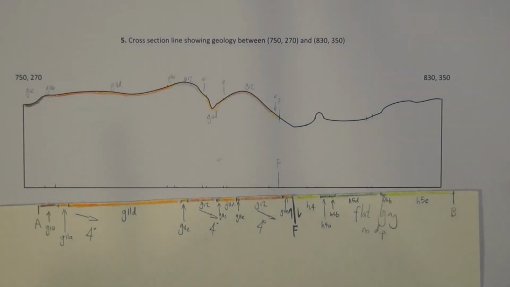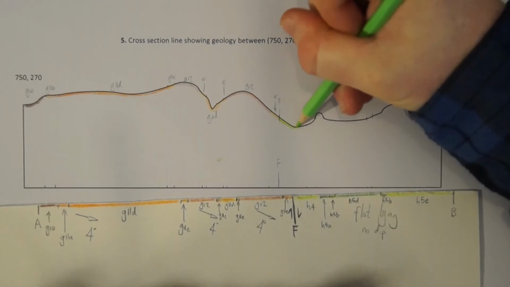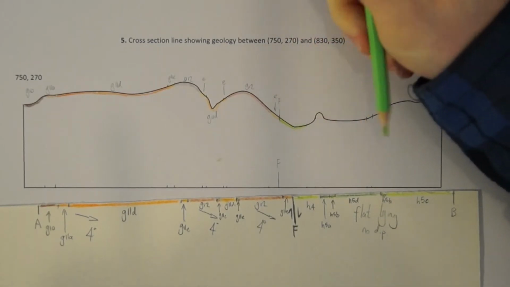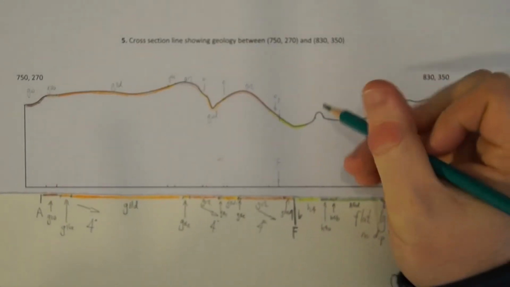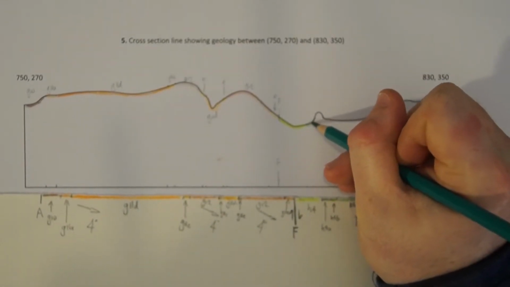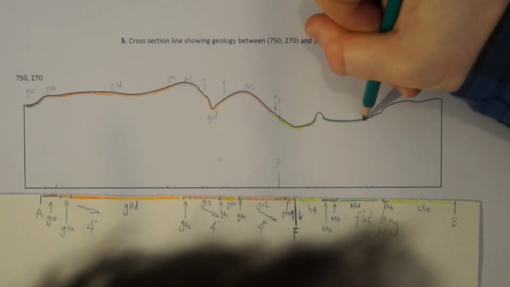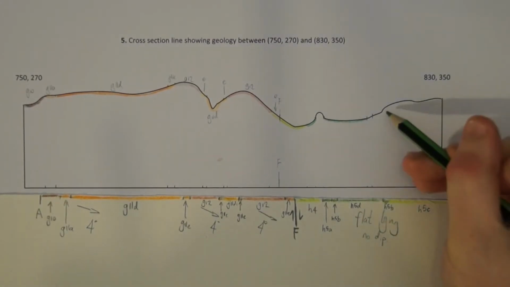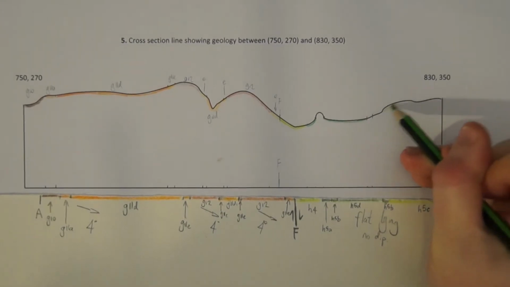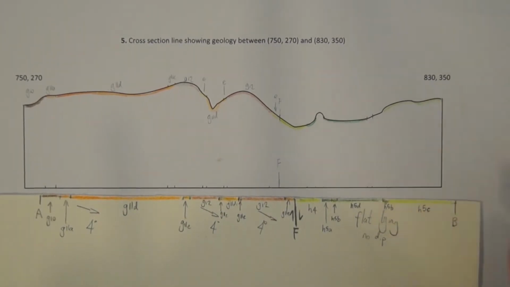Okay, and then moving this side, our green sand. Then in dark green we have our lower chalk, H5A. And then H5C, which is our upper chalk, is in there.